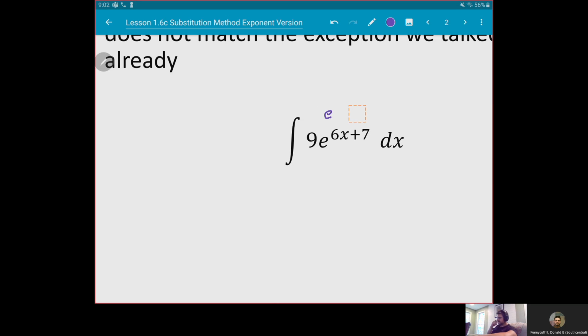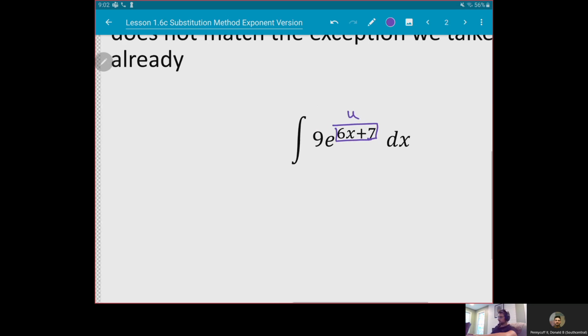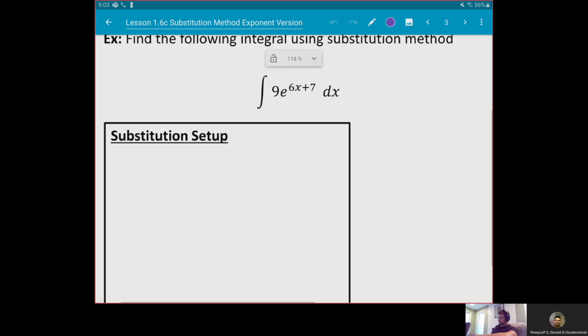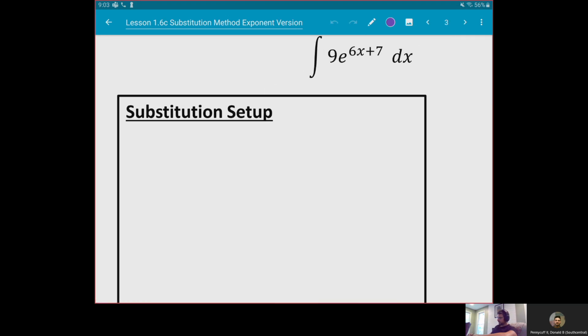So in this situation, we will have to let u be equal to the entire exponent, okay? And then it will go away. So let's go ahead and do a couple of these. So what we're going to do is the entire exponent is going to go away, and so u is equal to 6x plus 7.